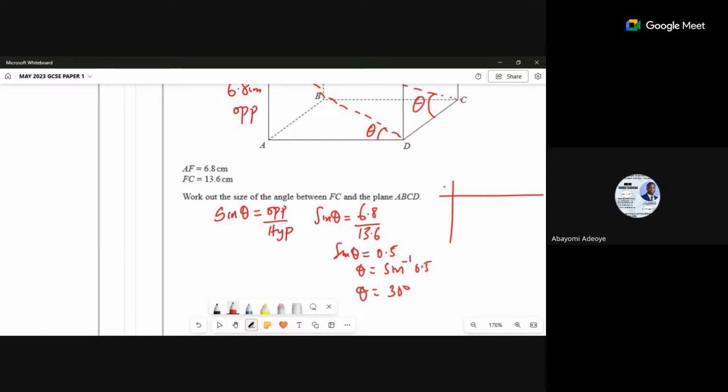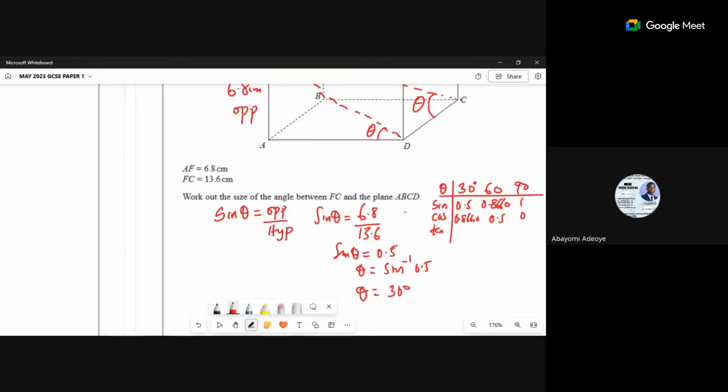Now let me give you the table. This is theta: 30, 60, 90. This is sine, this is cos, this is tan. So sine 30 is 0.5, sine 60 is 0.8660, sine 90 is 1. Cos 30 is 0.8660, cos 60 is 0.5, and cos 90 is 0.